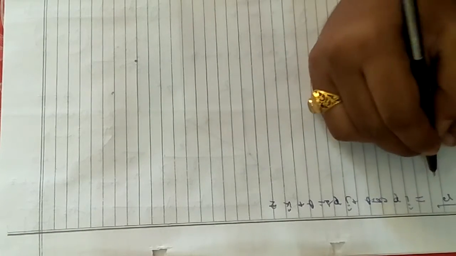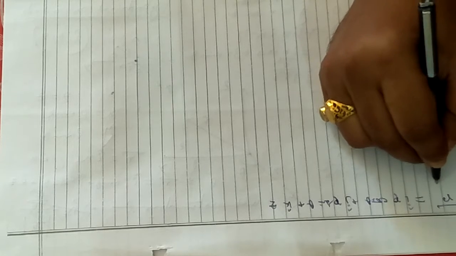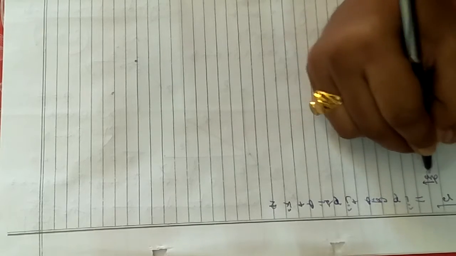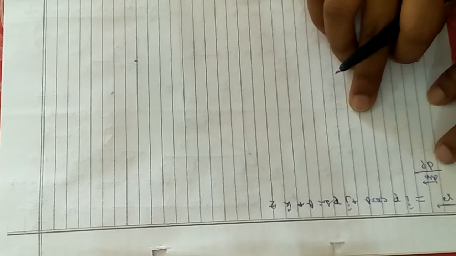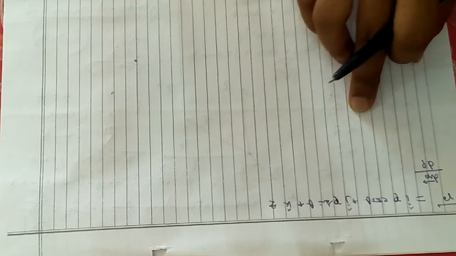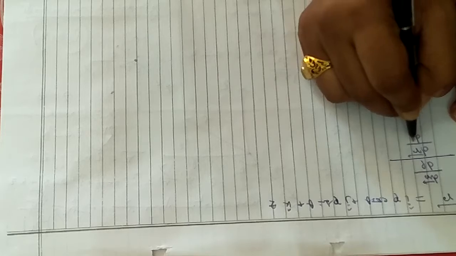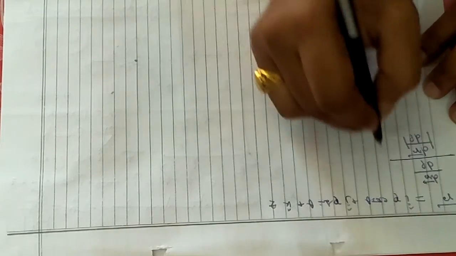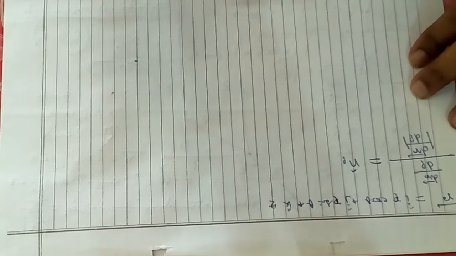Okay, fine. Now what will be the value of dr by d rho? It is the differentiation with respect to rho, and dividing by its mod, that will be the unit vector n rho cap.